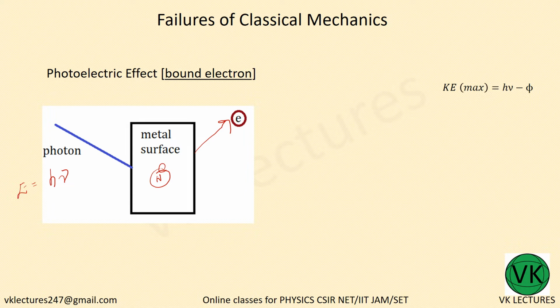The nucleus is highly positively charged, so it will have an effect, and this electron, which is a negatively charged particle, will be bound to the nucleus with some energy, and that particular energy is called the work function. Let us denote it by phi.